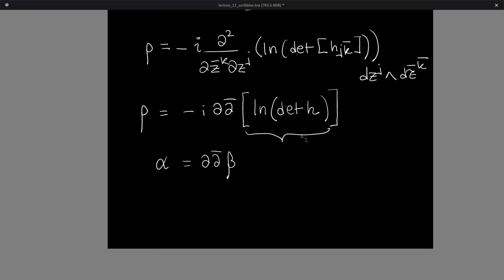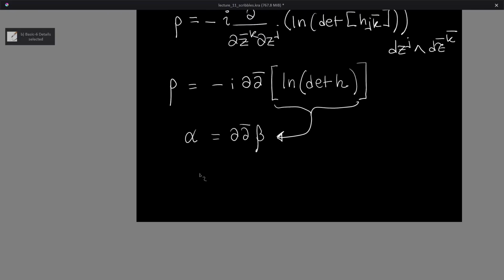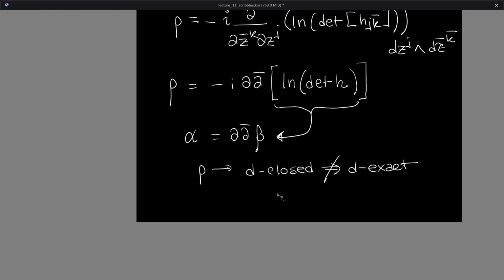So this means that rho is D-closed, but the partial bar lemma doesn't allow us to say that it's D-exact. The reason is that det of hjk bar is not a proper zero form, it's matrix valued.